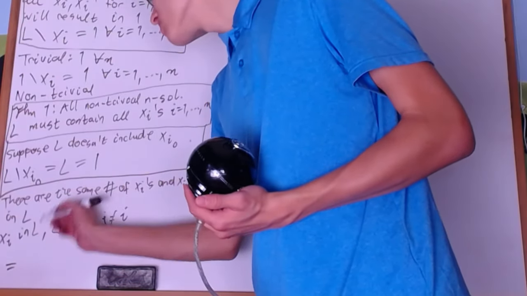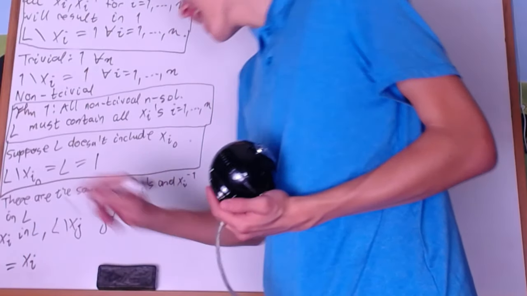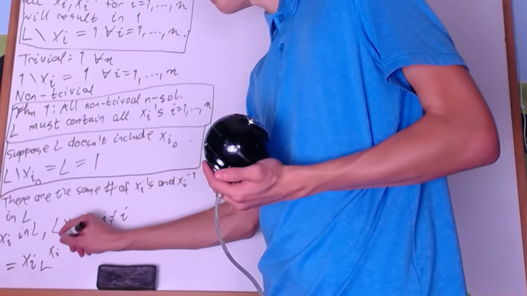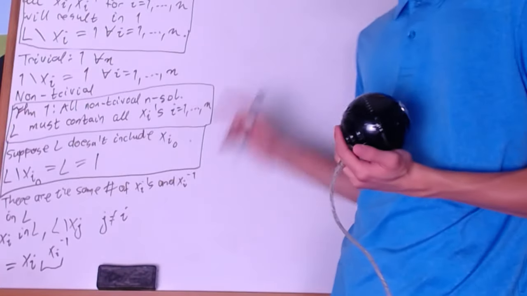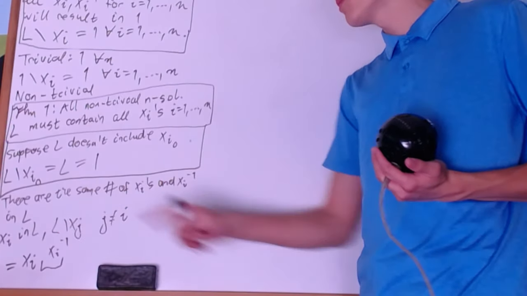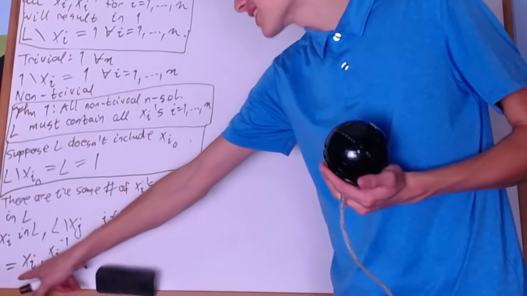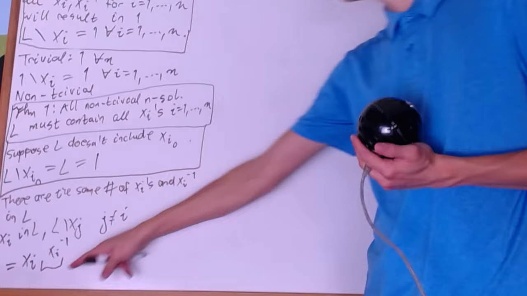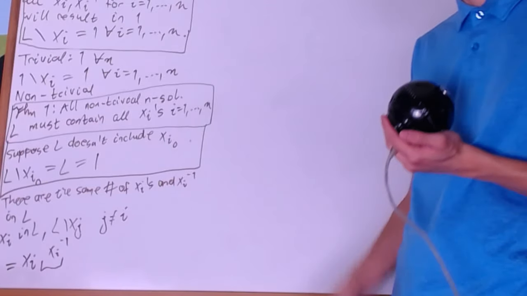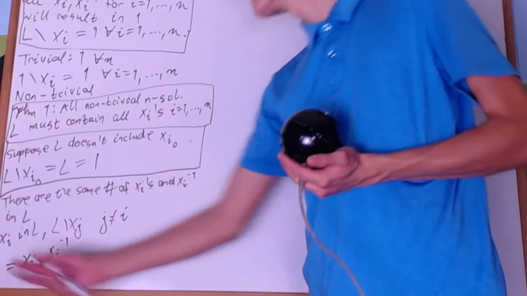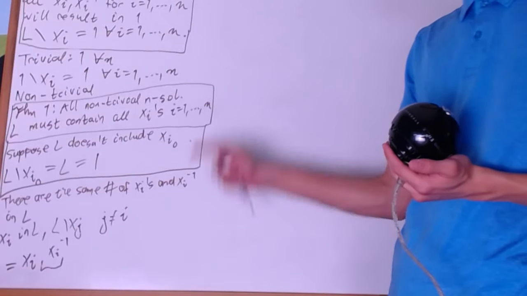Well, I'll get out at least an xi, because there is no xi inverse to cancel it out. In order for this L removing xj to go entirely to 1, every single one of those xi's must have the corresponding inverse to go with it, because if you don't have that, you're just going to have leftover xi's. And so there are the same number of xi's and xi inverses in L.